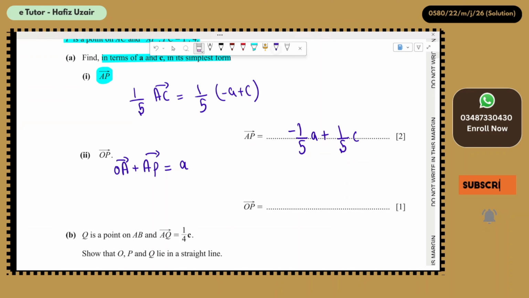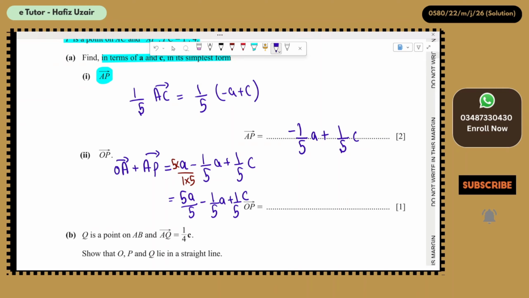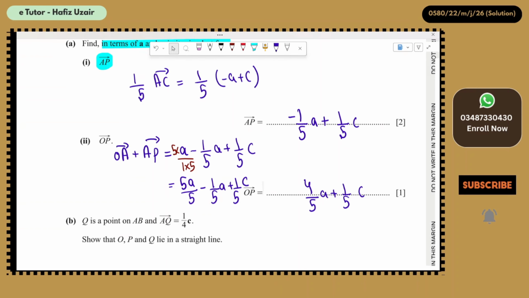AP is minus 1 over 5A plus 1 over 5C. Now you need to make the denominator the same, multiplying by 5 over 5. So this produces 5A over 5 minus 1 over 5A plus 1 over 5C. If you solve this, you will get 4 over 5A plus 1 over 5C. All right, let's move to the next question.